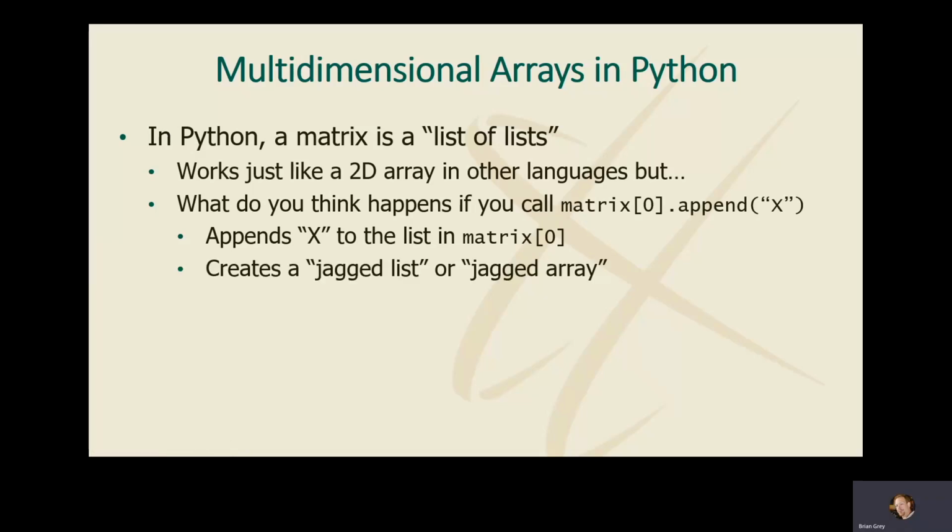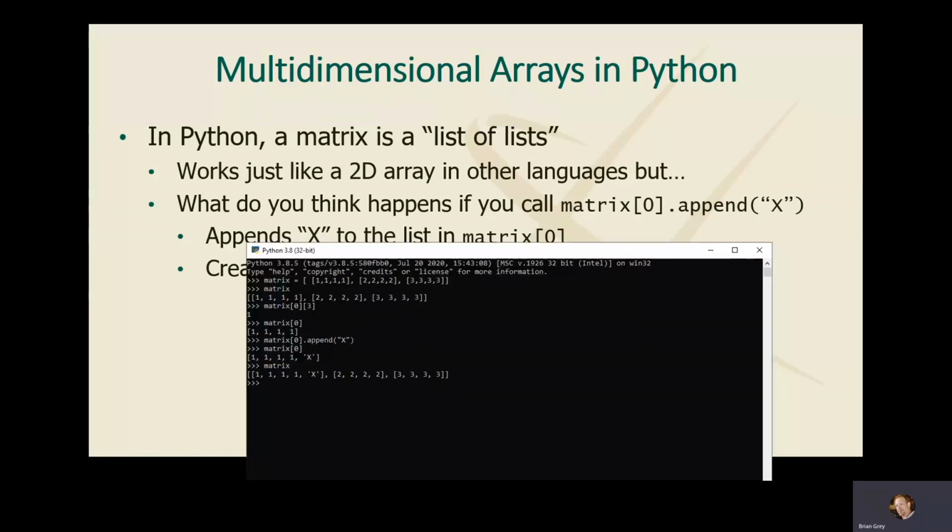And this is what's called a jagged list or a jagged array. And we can see that jaggedness if we say for row in matrix, print row, right? You can see how that one row sticks out.